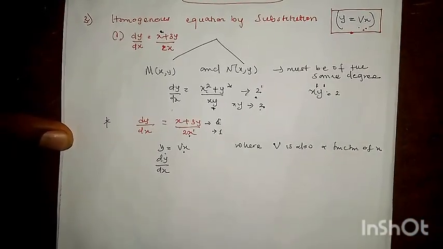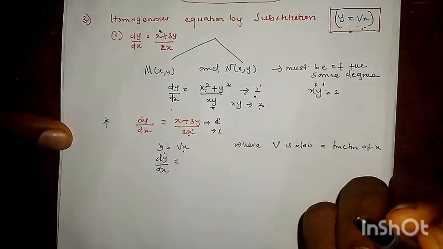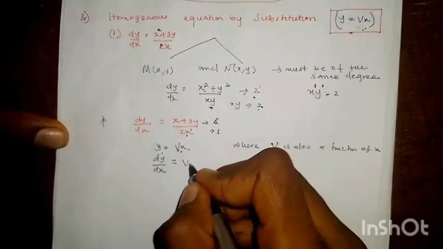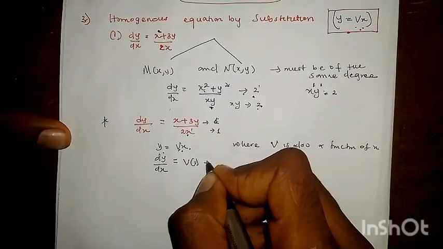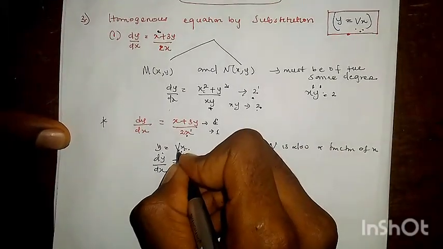So, taking v to be a function of x, I'll apply my product rule. The short formula for the product rule: take v as constant and differentiate x, which gives 1, plus take x as constant and differentiate v.